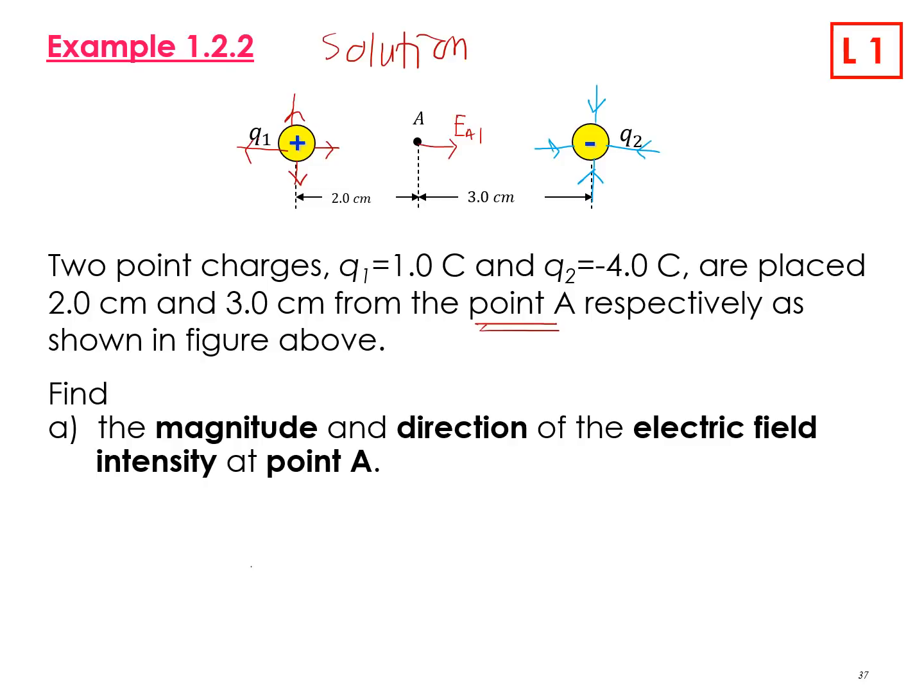So the electric field at point A due to the negative charge, this is the EA due to point charge 2.